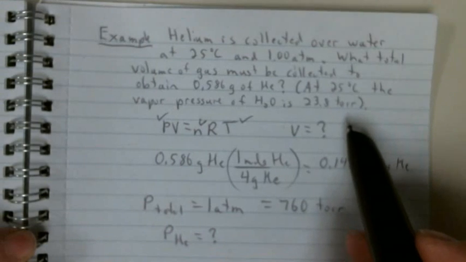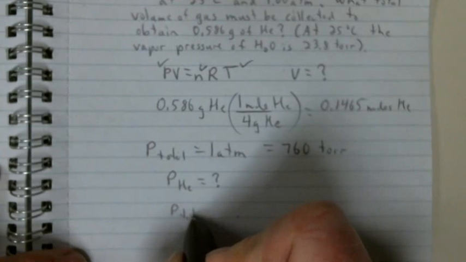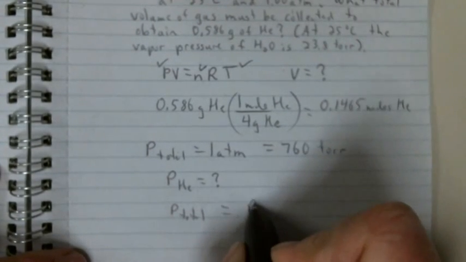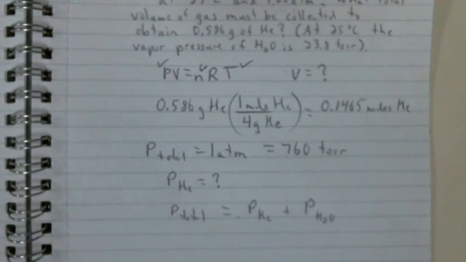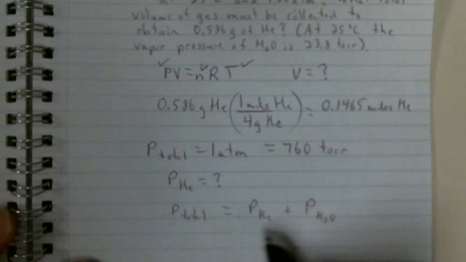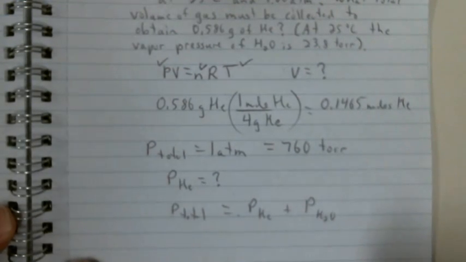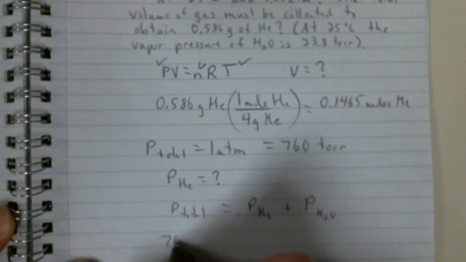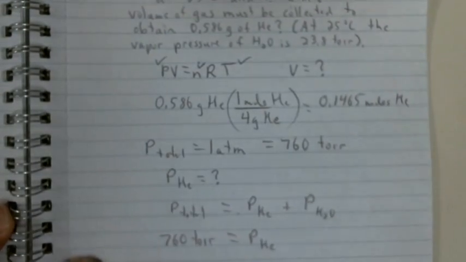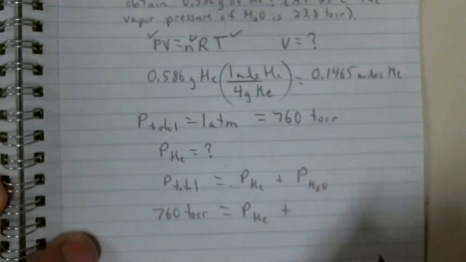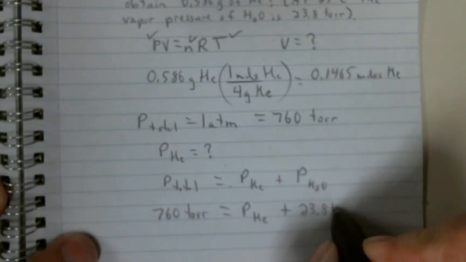Well, they give us the vapor pressure of water and the total pressure, so Dalton's law, is that the total pressure is the sum of all the ideal gas pressures. And so we can do this. Since they give us the vapor pressure of water in torr, let's go ahead and solve it that way. So I have 760 torr as the total pressure. We need the pressure of helium, and the vapor pressure at that temperature is 23.8 torr.